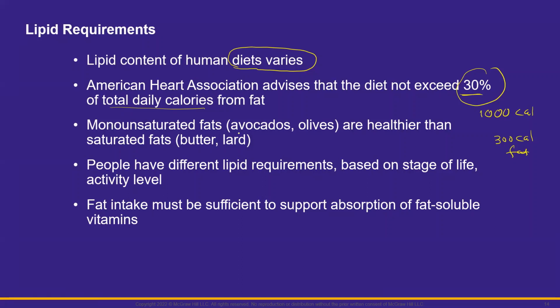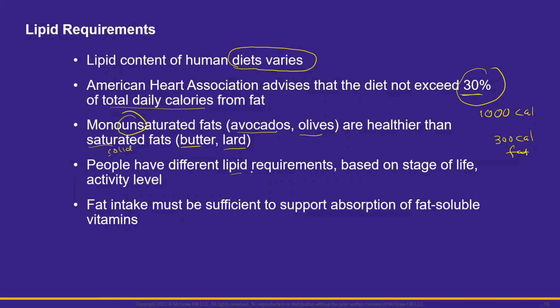Monounsaturated fat like in avocados, olive oil, is healthier than saturated fat like in butter, lard, margarine. So look, this unsaturated is better than saturated fat. Remember, saturated means it becomes solid at room temperature. It might be stickier in our blood circulation.